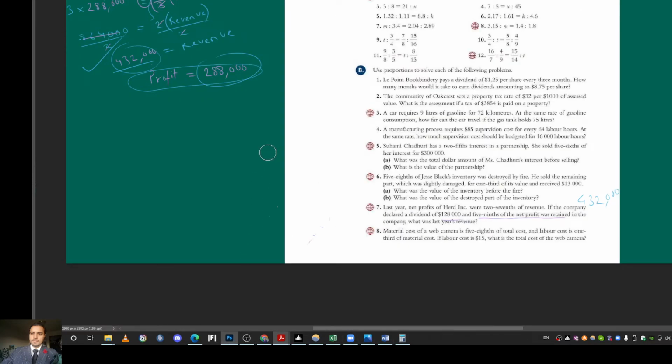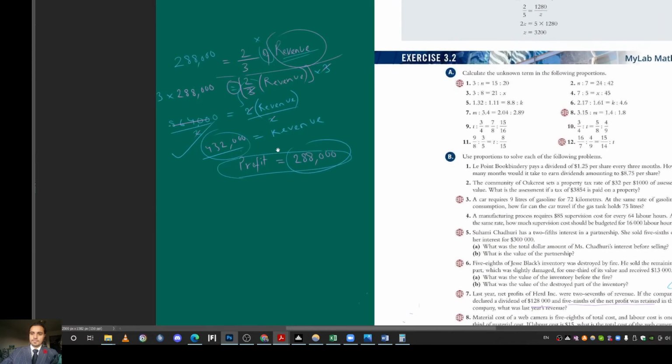So we may have done something wrong. Last year net profits were 2/7 of the revenue. Oh, it's 2/7, sorry. So when I multiplied by 3, it had to be multiplied by 7.